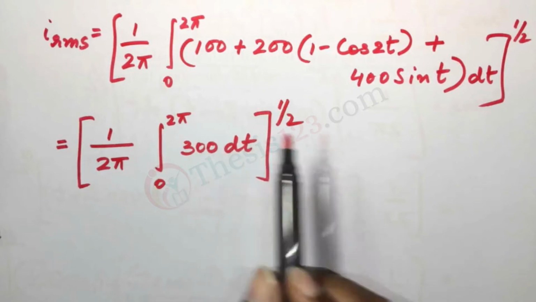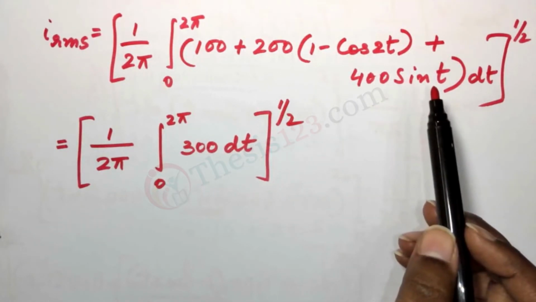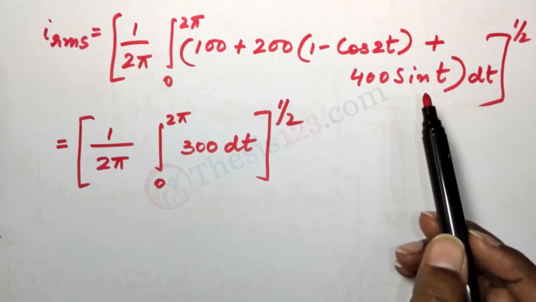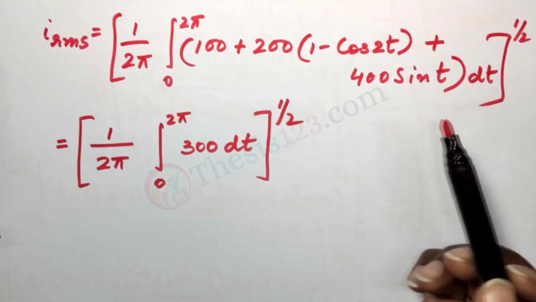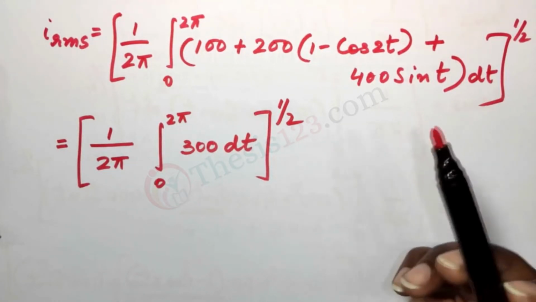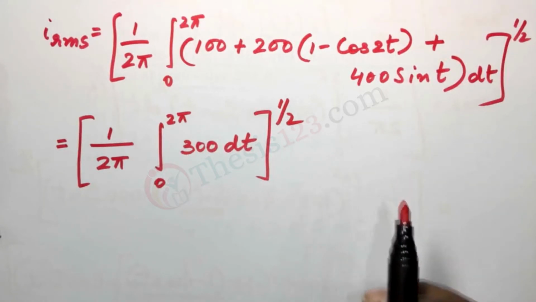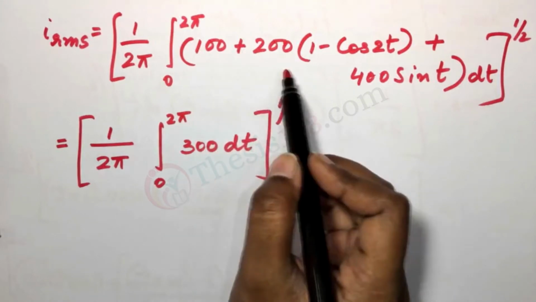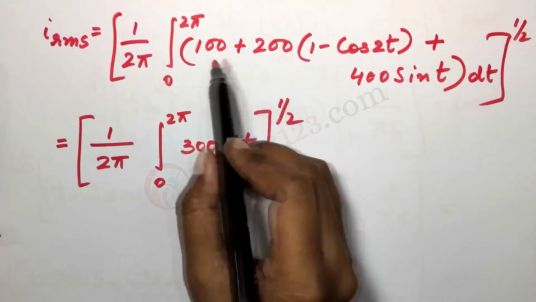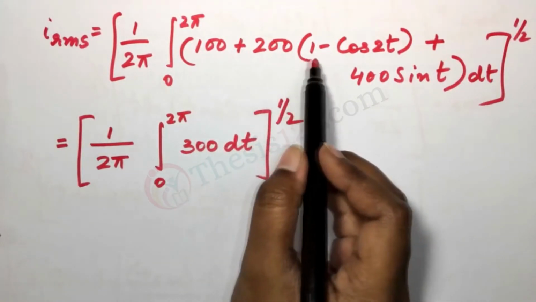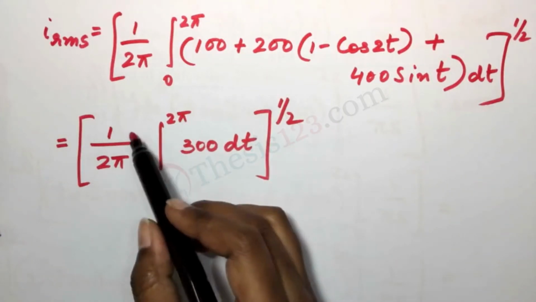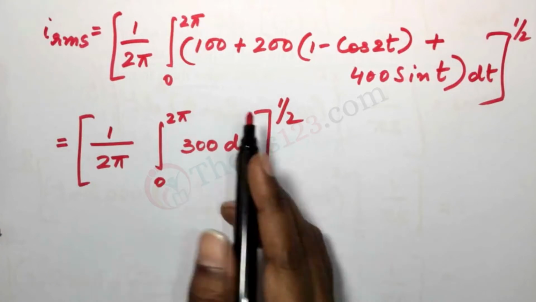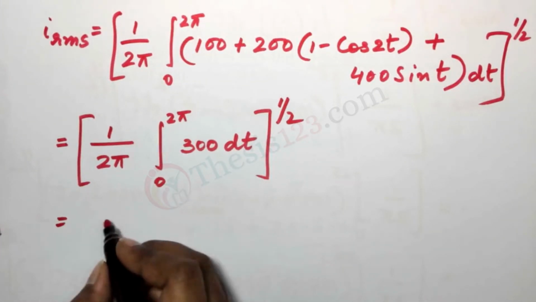Now the reason we have done this is because cos and sine are trigonometric functions, and that would lead to the reduction of the value by a small percentage. Because we are looking for the peak value, the RMS value requires the constants alone. So we consider only the constants, 100 plus 200 here, which is 300. So 1 by 2 pi integral of 0 to 2 pi, 300 dt to the power of 1 by 2.